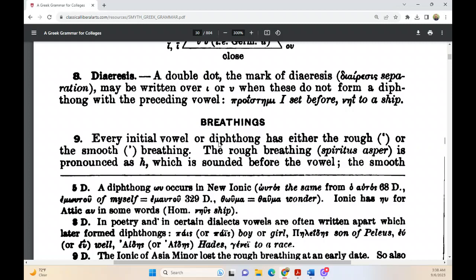Now remember, it's assumed in this Greek grammar course that you're also studying the Academy's Greek reading course. So when you learn things like this, when you learn about breathing marks, pay attention to them in your reading lessons because you'll see all of these grammar rules on display in those reading lessons. All right, I hope that's helpful.